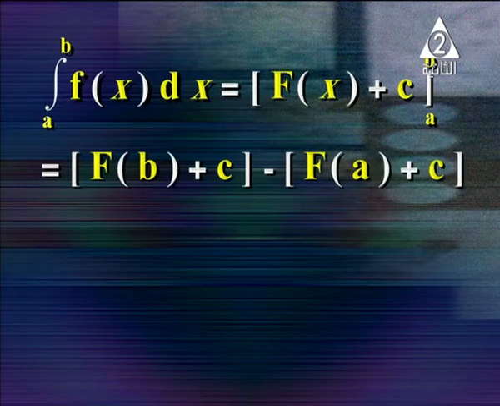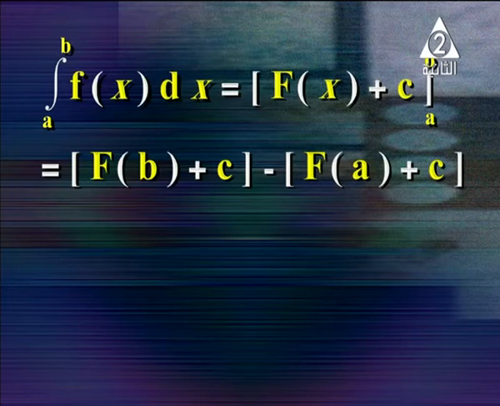After we find the integration of f of x with respect to dx as the function F of x plus c, where c is the constant of integration, from a to b, we substitute x equal to b in the first function, and in the second function we substitute x equal to a. Then the answer is F of b plus c inside a bracket minus F of a plus c.